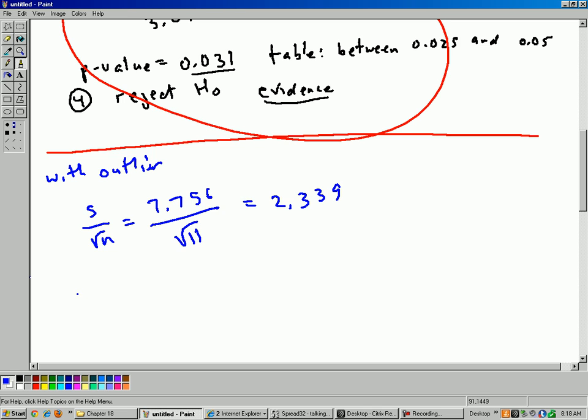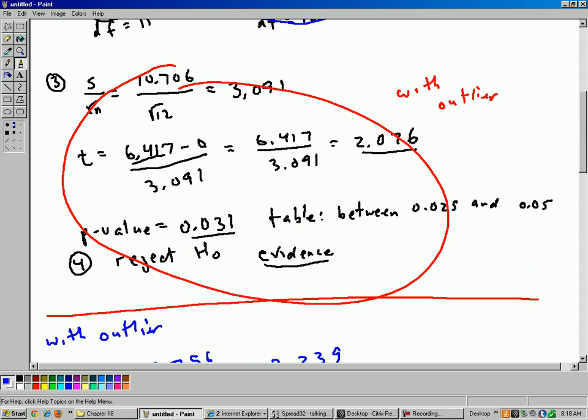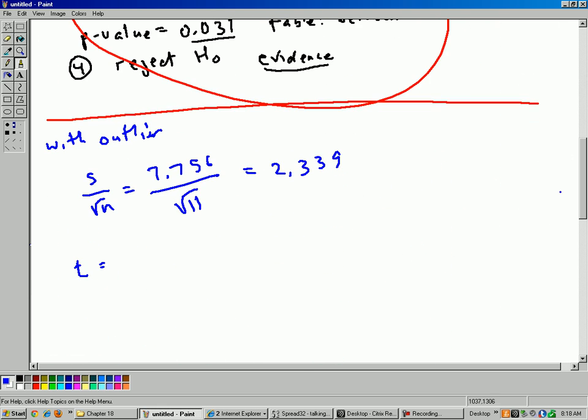2.339. My t is x bar, 4.182, minus the null, divided by the standard error, 2.339. Okay, I can see I'm going to get a 1 point something now.